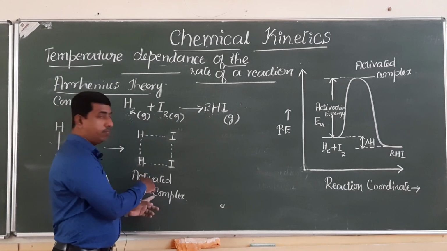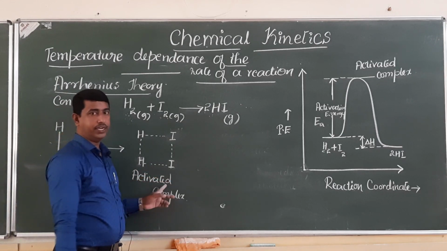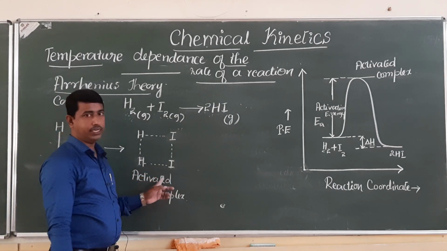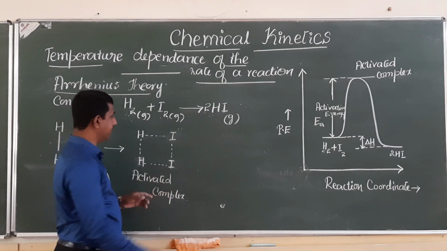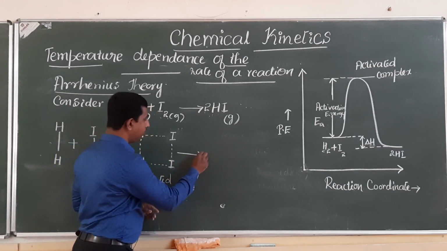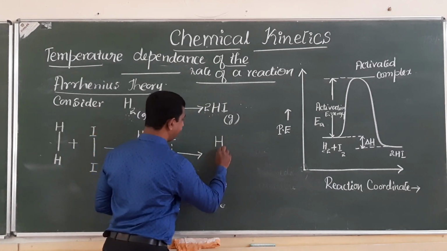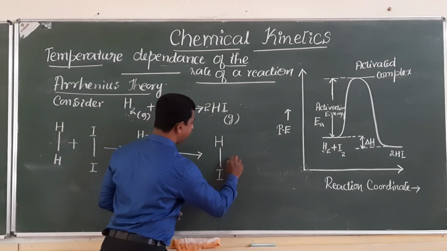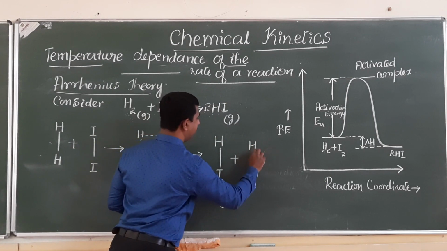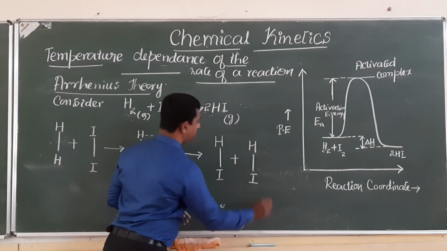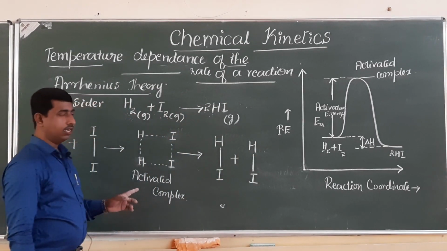This activated complex has got high energy, so it is unstable. It readily undergoes decomposition to give 2 molecules of HI, 2 molecules of hydrogen iodide.